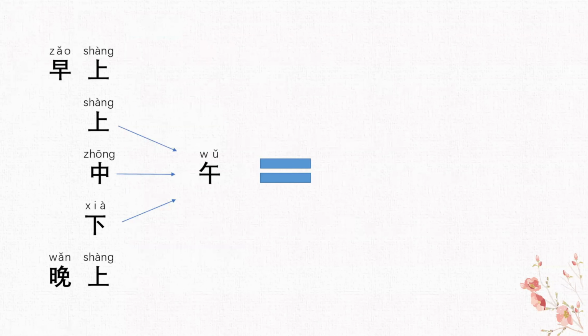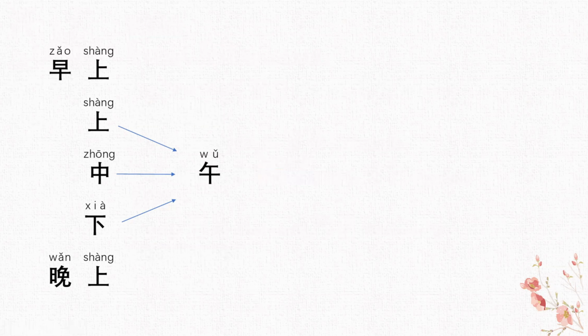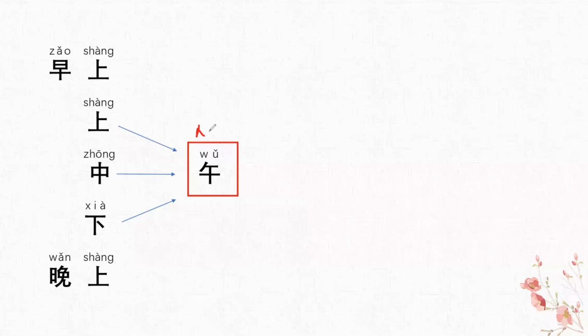First one is, like I said before, I will come back to here to show you again. For the time points, they all have 上 or 午. So here, I will show you how we can learn the time points during the whole day first. Listen carefully. You take 午 as a foundation. 午 means noon. It is not literally noon, but it can represent noon in the Chinese language.